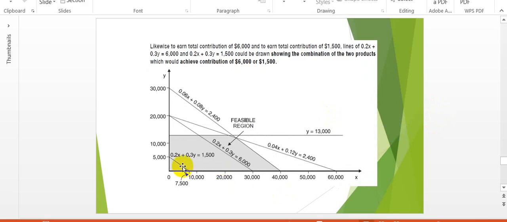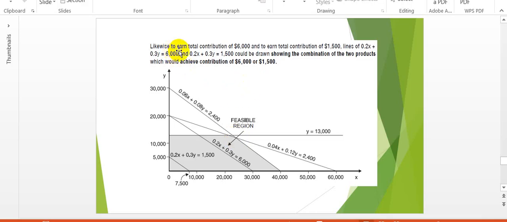So that line there, as you keep on pushing it, you reach a point where the last point of the iso line leaves the feasible region. That will be the point at which you maximize the objective function.